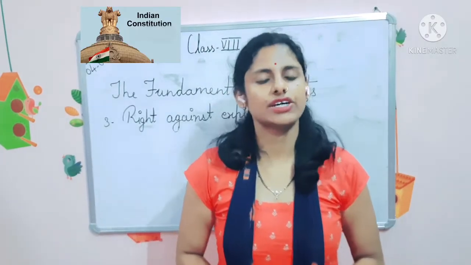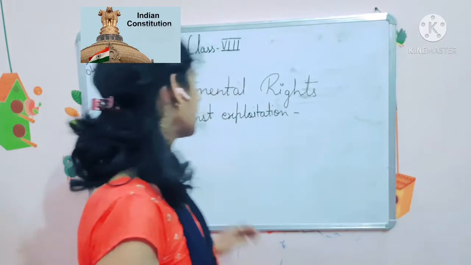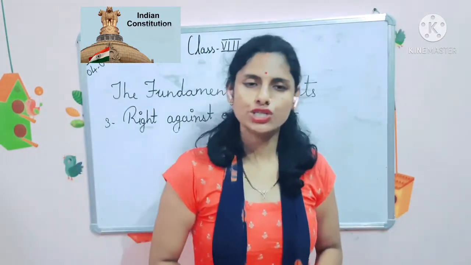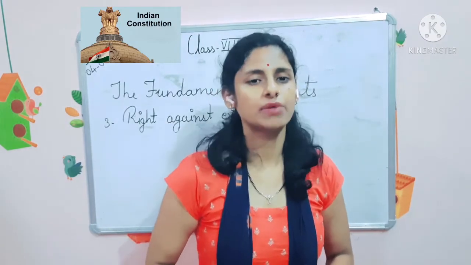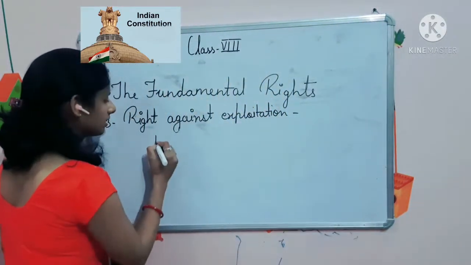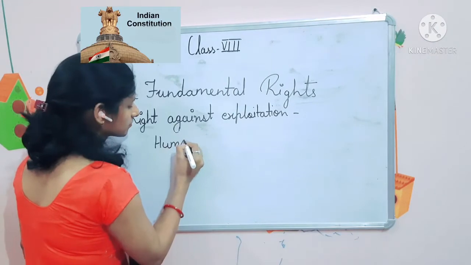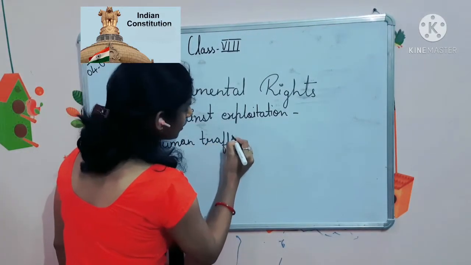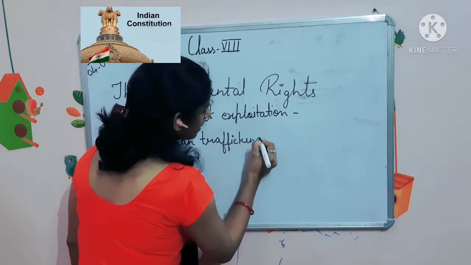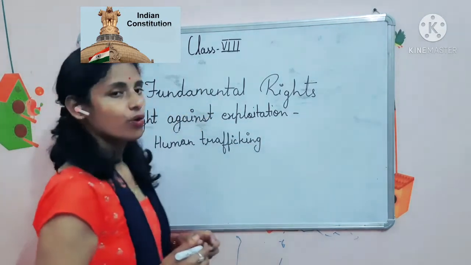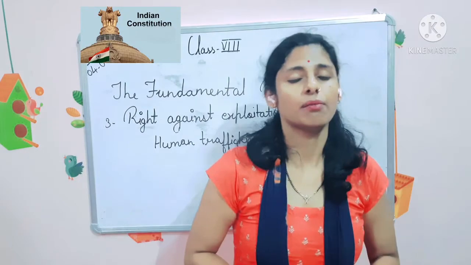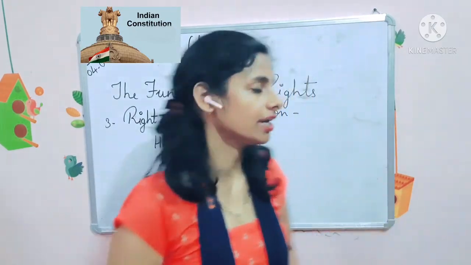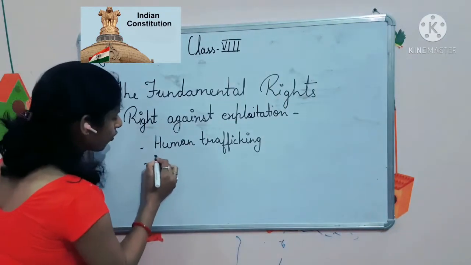Now let's discuss the third fundamental right, that is the right against exploitation. Our constitution prohibits human trafficking, which means no man can buy or sell any person in the country, or forced labor.